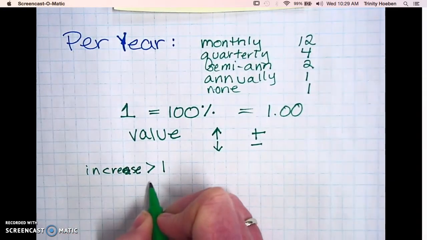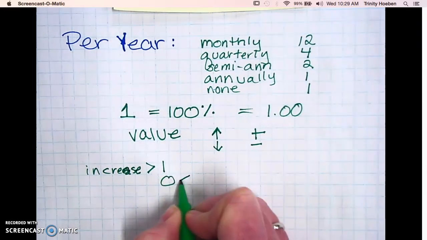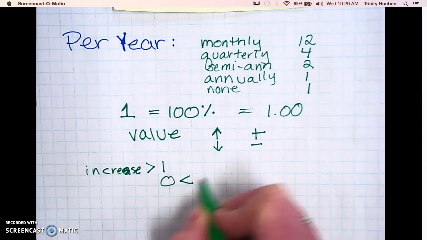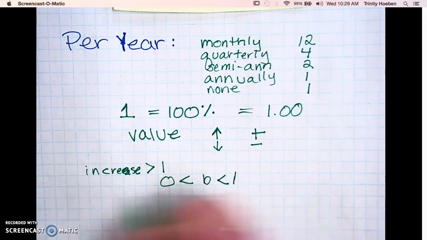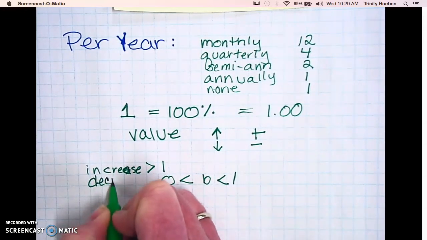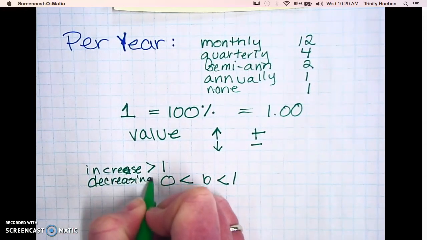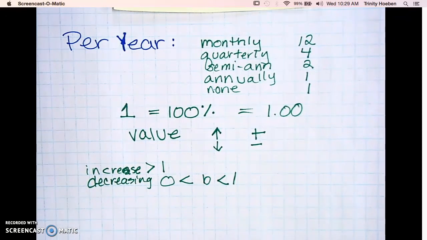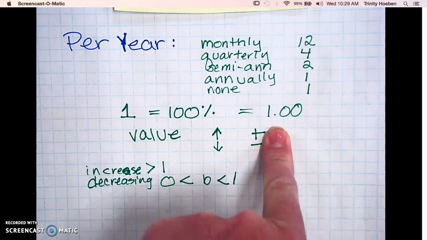And if it's greater than 0, but less than 1, it's going to be decreasing. You're not going to see a negative number there. It's just going to be between 0 and 1, which is less than 100%. Does that make sense? Because 100% is 1.